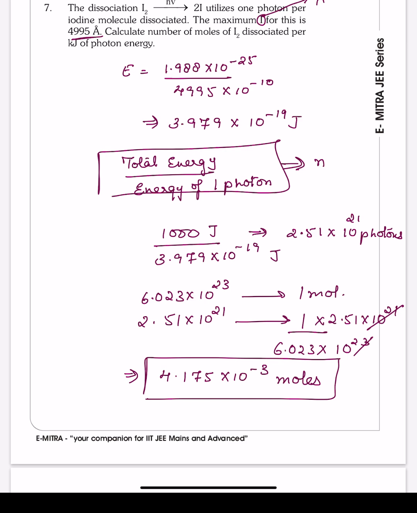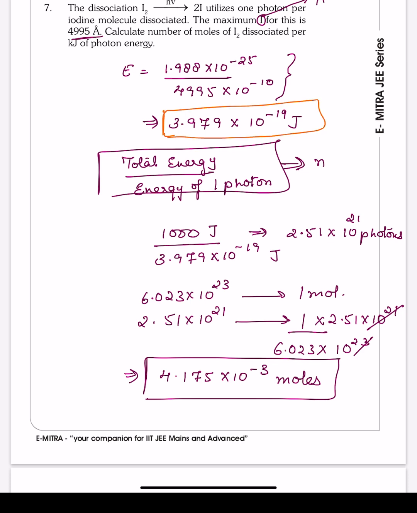it was asked that iodine was dissociating, and when it is dissociating it utilizes 1 photon per iodine molecule dissociated. So what is the energy of this 1 photon that dissociates? First we calculated the energy of 1 photon, which came out to be 3.979 into 10⁻¹⁹ joule.